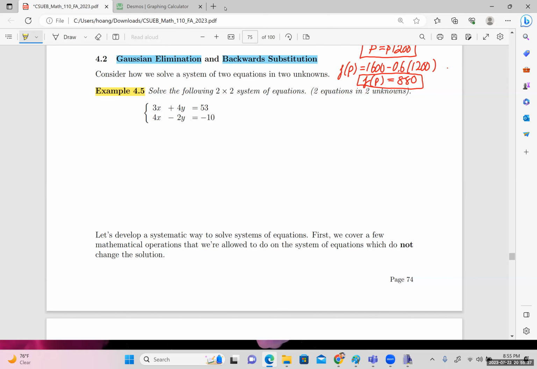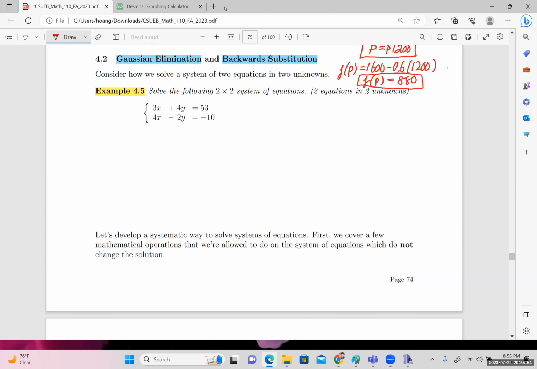By the way, as we learned before, we will try to make the opposite coefficients of a term to eliminate, right?